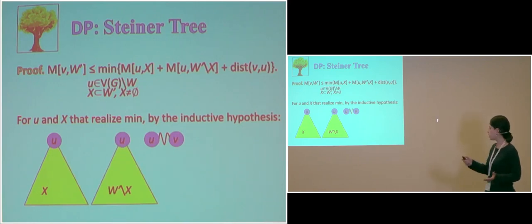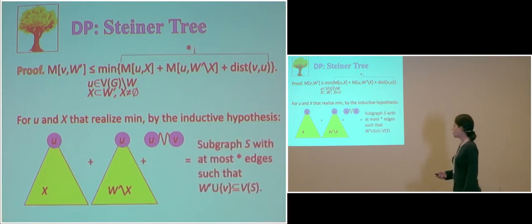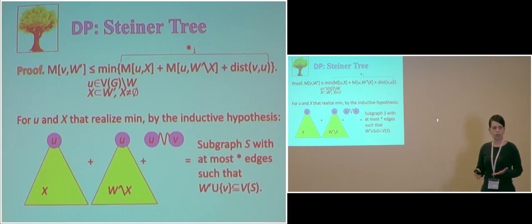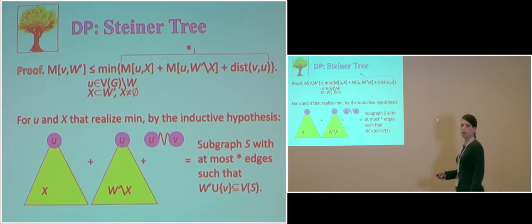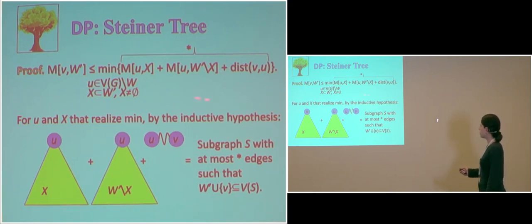Just add the sizes, exactly what we do here. So we add this tree and this shortest path. So we have here some subgraph that contains X. It contains W minus X as well, and it also has V, right? So we have a subgraph whose number of edges is at most what is written here.